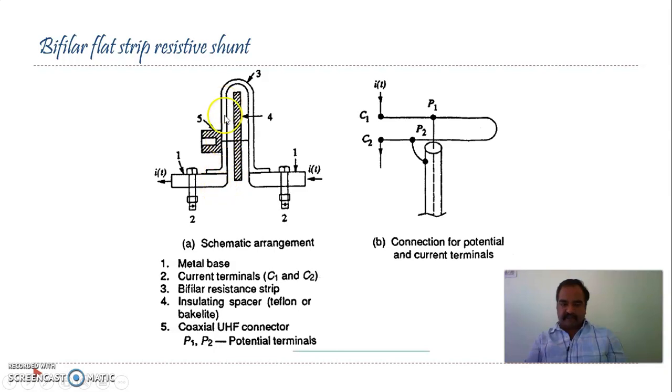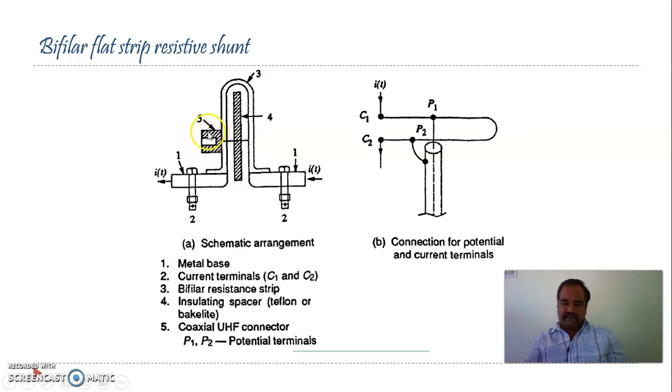And see here, the voltage is to be measured, right? This will be measured with the help of your coaxial UHF connector. It will have P1, P2 points. See here, this point is P1 and this point is P2. So current flows in this fashion, through 1, through 3, and it will be moving out. And voltage will be measured at these two terminals, and it will be sent to your CRO using this coaxial UHF connector.